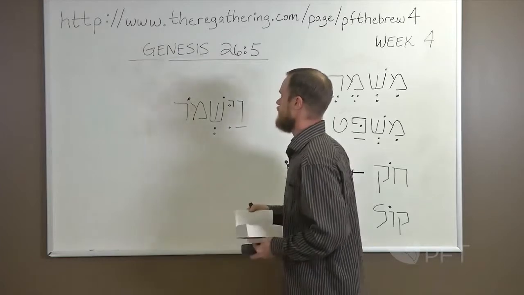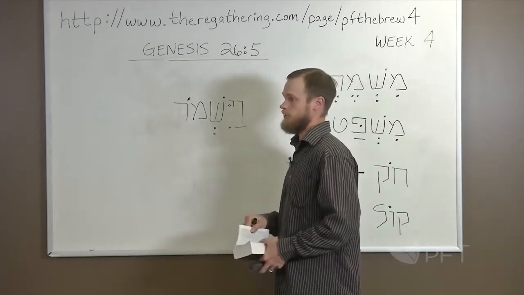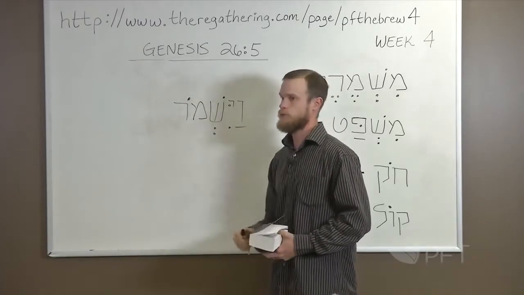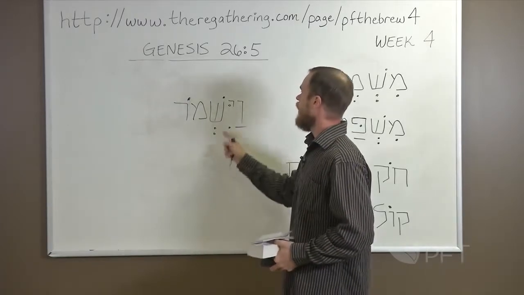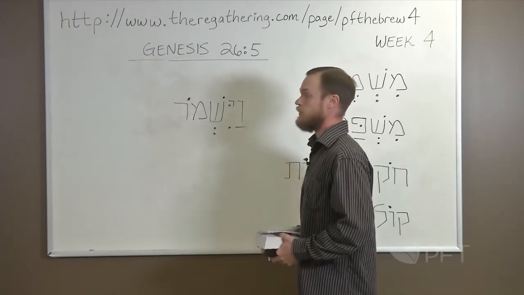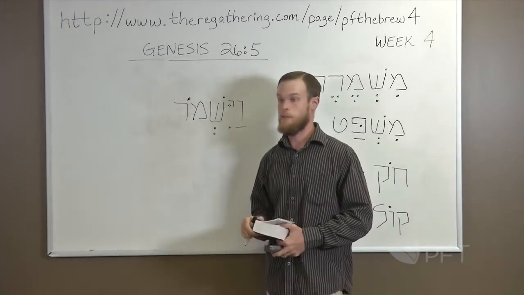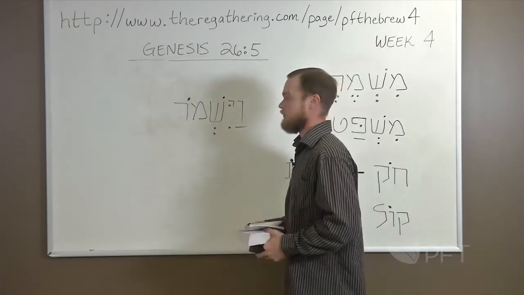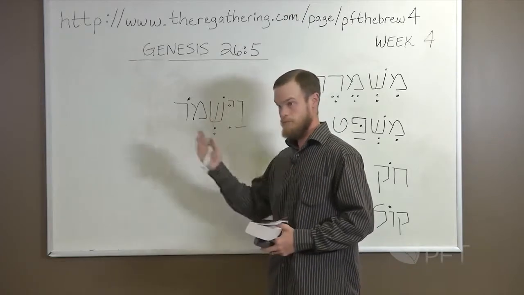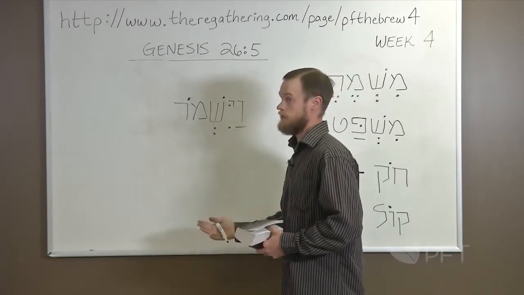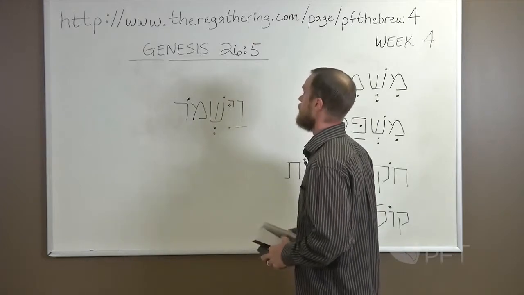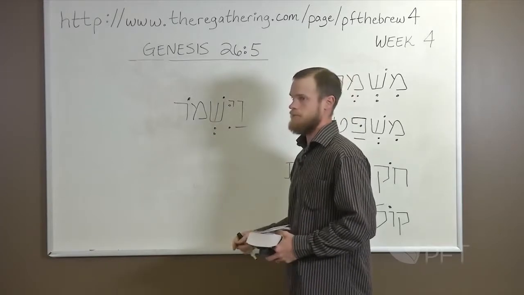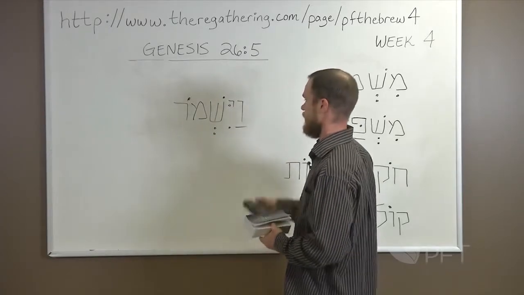So Deuteronomy 11 was talking about the future tense, so the vavs were always inverting past tense verbs. But here we're talking about the past, so this vav is now inverting future tense verbs. Yishmor on its own would mean he will keep. That's our third person, masculine singular future tense. So we're still talking about Avraham here. He's the one subject that's been mentioned, so he's still the subject of this sentence. So, Abraham listened to my voice and he kept, because the vav inverts.